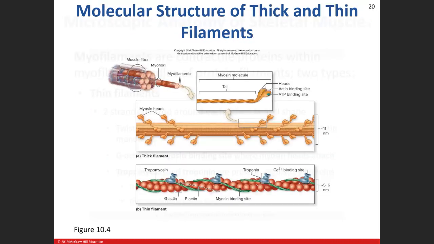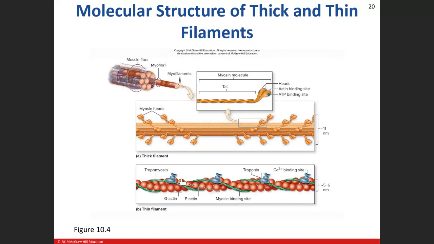So I'm going to come right back to the slide here. So here's what we're looking at. We're going to the thin filament. This is the actin. See, it looks like two pearl necklaces we twisted together. And the myosin binding sites are these dots here. Right now in this picture, it's blocked by this rope-like protein. This rope-like protein is tropomyosin.